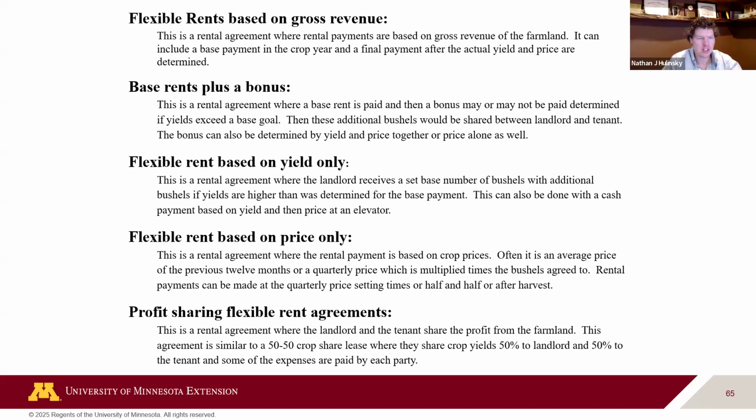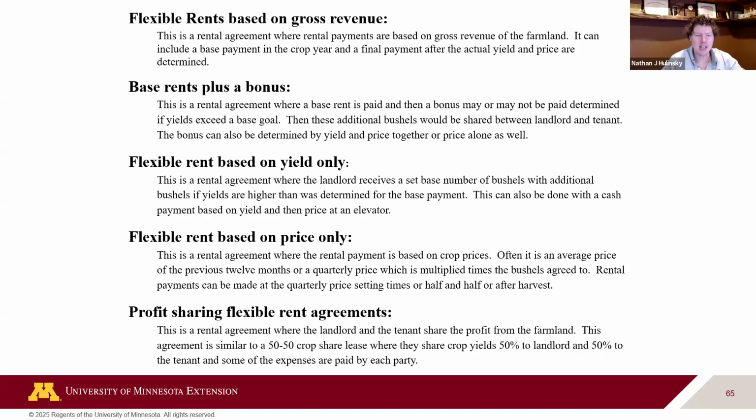So you can do a flexible lease based on gross revenue. So that's price times yield. You can do base rent plus a bonus. So the farmer can say, I'll give you $150 no matter what. And if price or yield is really good, I'll give you an extra $20, $30, $40 an acre, depending on how well things did. You can do a flexible lease on yield only.